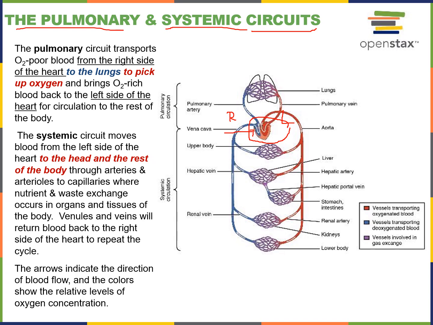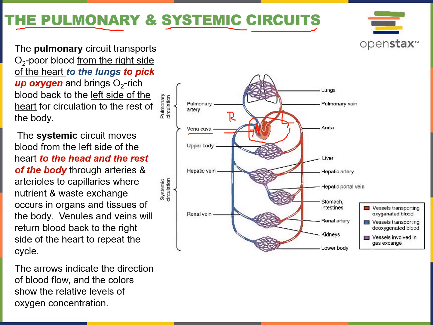The right side of the heart here in blue means that all of the blood in this side of the heart is deoxygenated. It's full of carbon dioxide. So that's not surprising, because what we see is here's the largest vein in the body, the vena cava.